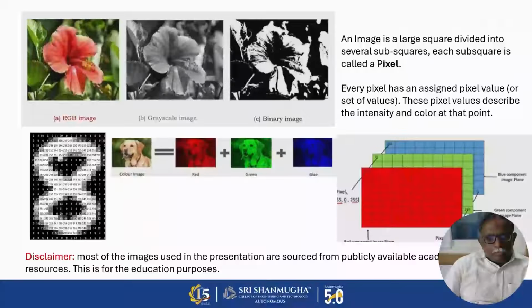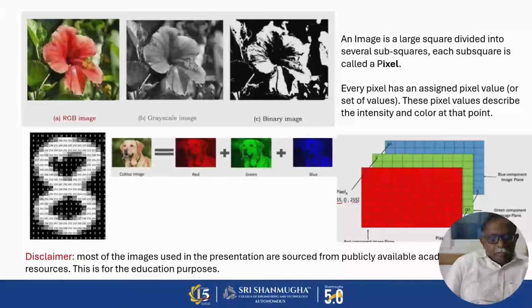If you look at any image, it consists of many pixels, and each pixel will have an intensity or color at a particular point. That information will enable us to get the information about the low level features.